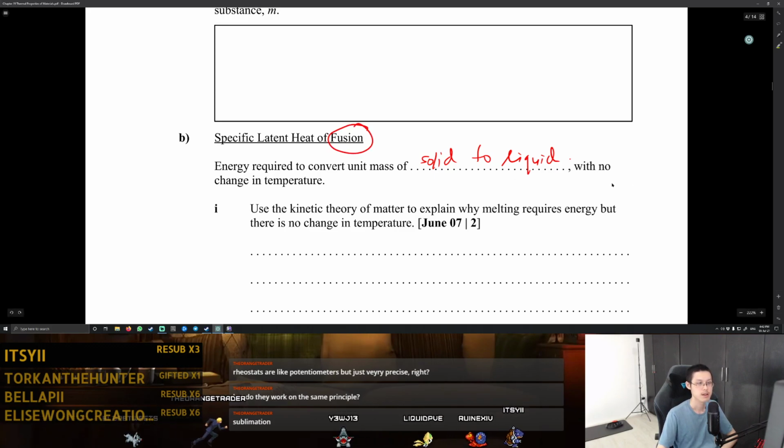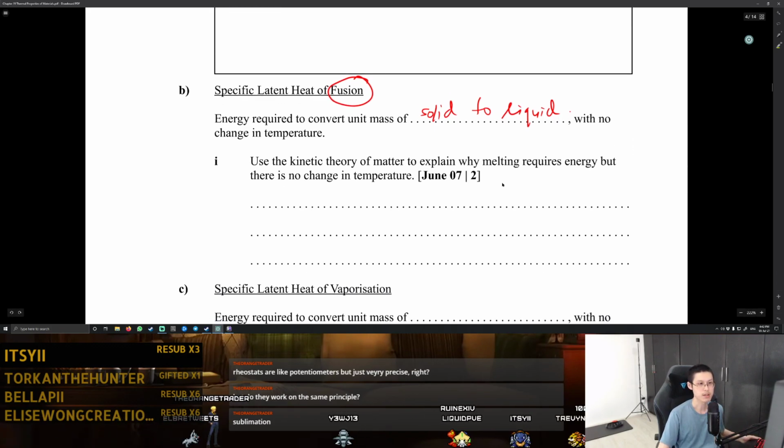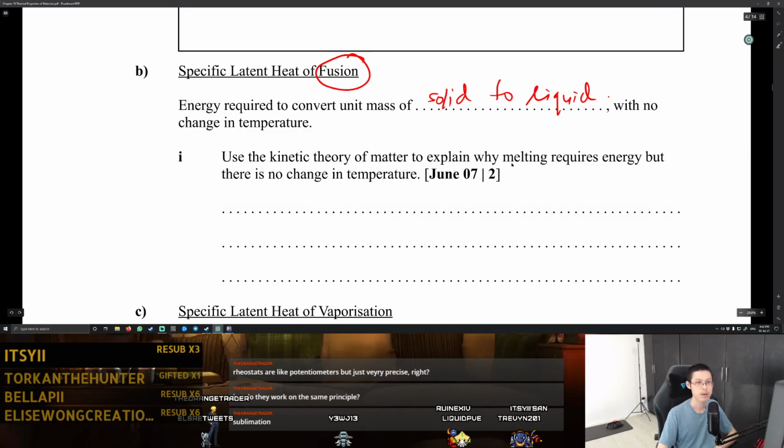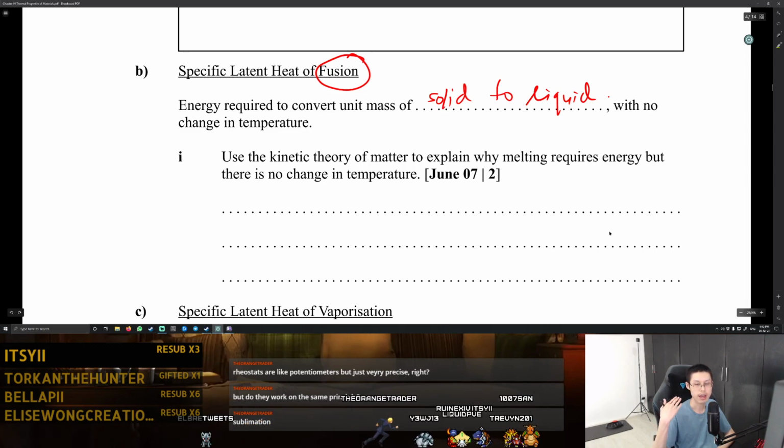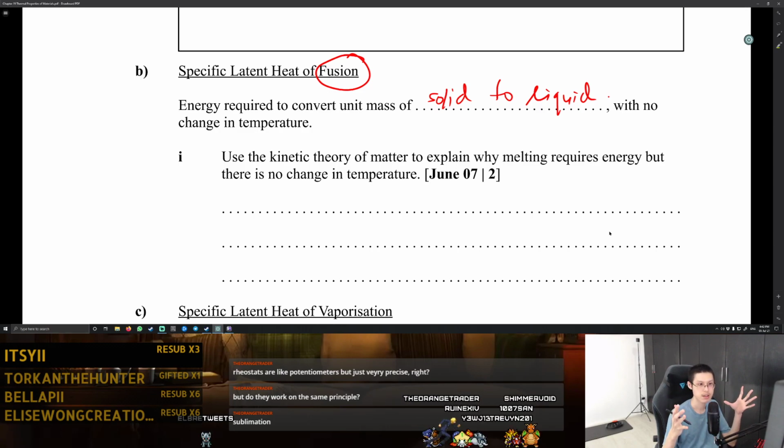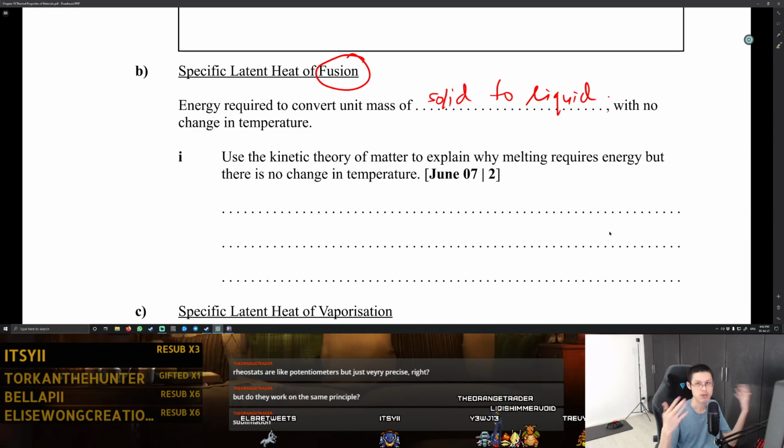Fusion. Use the kinetic theory of matter to explain why melting requires energy, but there is no change in temperature. If you introduce energy to a substance, shouldn't it increase the mean translational kinetic energy? Then wouldn't that increase your temperature?